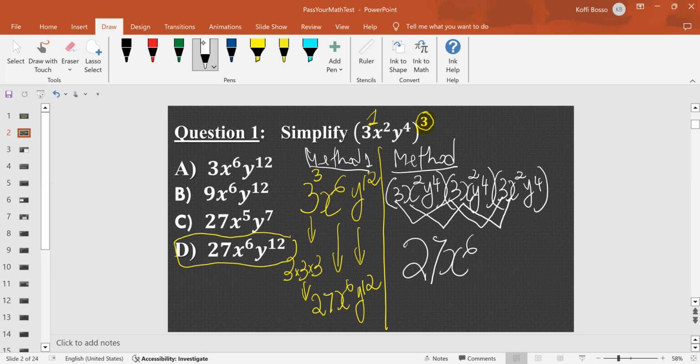So you add 2 plus 2 plus 2, which gives you 6. You do the same thing for y to the 4th power multiplied by y to the 4th power multiplied again by y to the 4th power. That means y to the power 4 plus 4 plus 4, which gives you y to the 12th power, the same answer we got there.